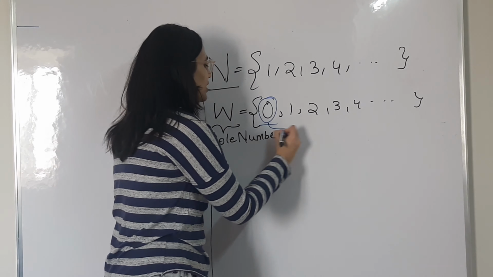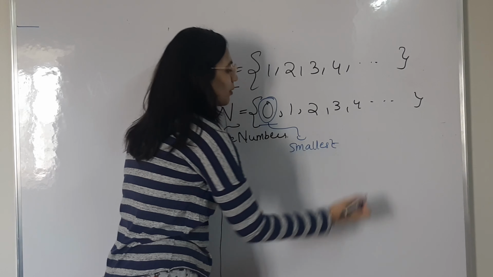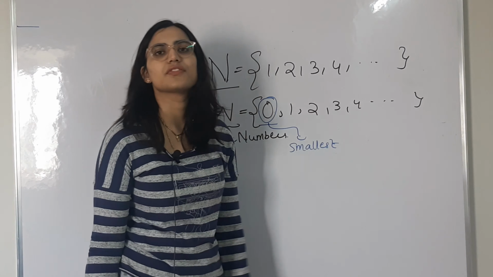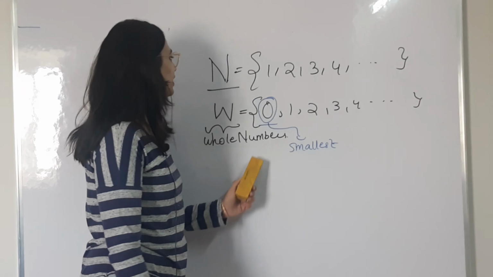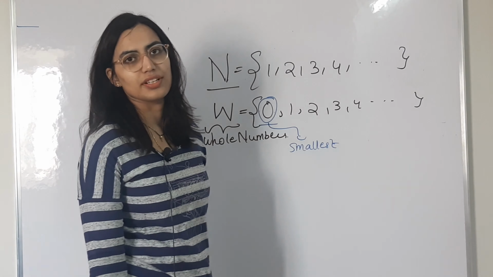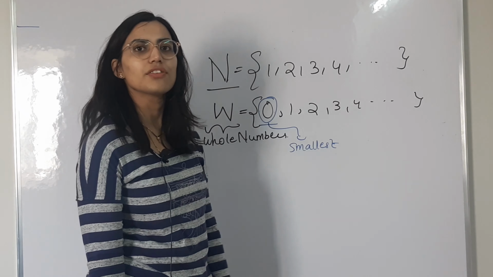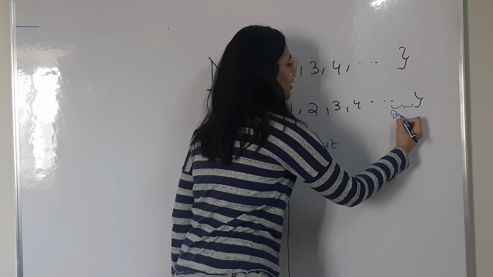So the smallest whole number is 0, but there is no largest whole number, as we have seen with the case of natural numbers. Okay, so this is how you differentiate a natural number and a whole number by the addition of 0. So this will go on infinitely.